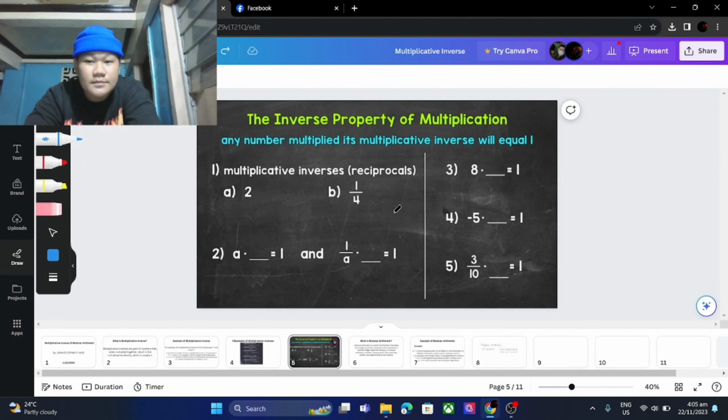This is my example. For the number 2, you flip it, and the result is 1 half. If you multiply 2 over 1 times 1 over 2, the answer is 2 times 1 equals 2, and 1 times 2 equals 2. So that is the inverse property of multiplication. If both are 2 over 2, the same variables come out, and it equals 1.